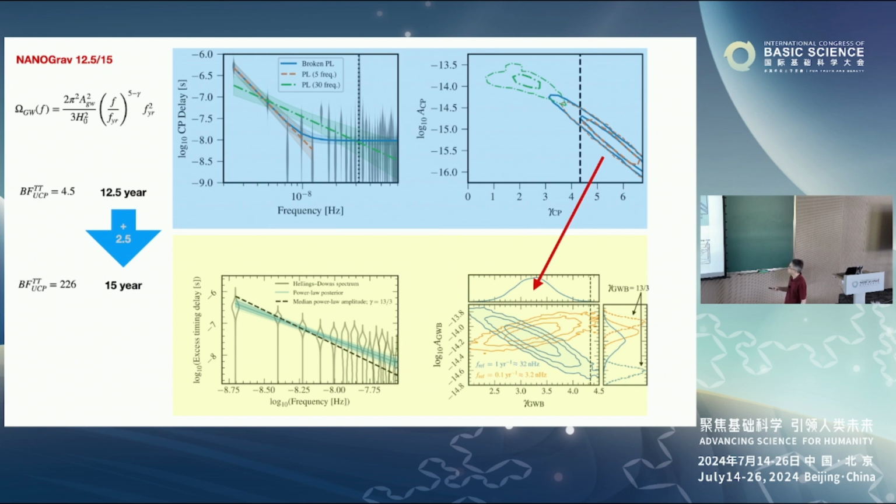But the 15-year data give us a much smaller index, gamma, around 3. So we see that they only added 2.5 years of data, but many things dramatically changed, right? So now we still cannot be sure whether their data set is reliable or not. We observe that with only 2.5 more years of data, many things dramatically changed.